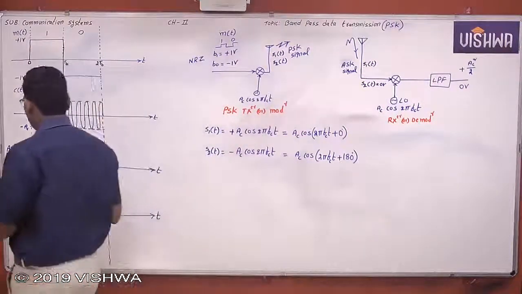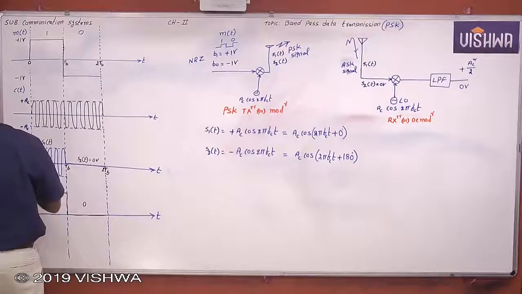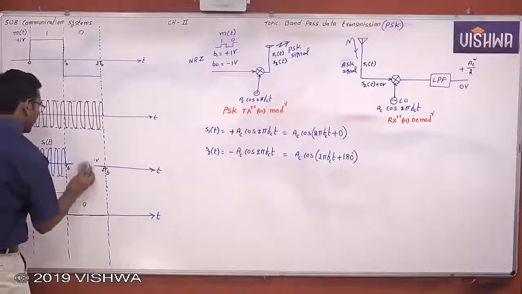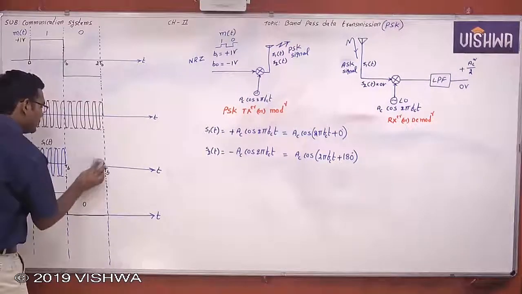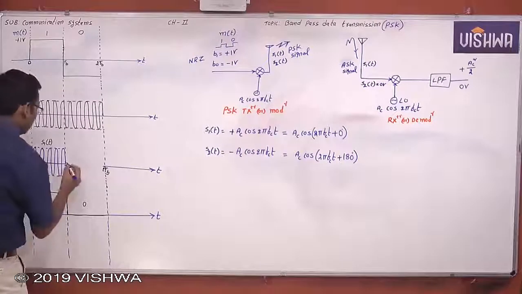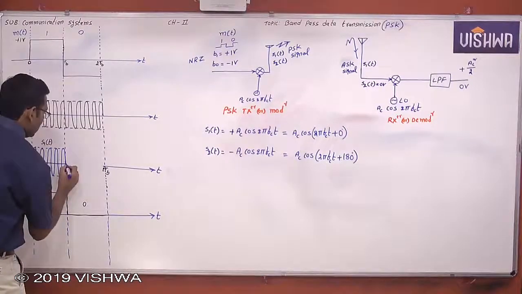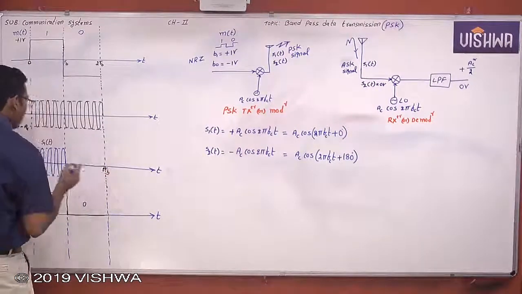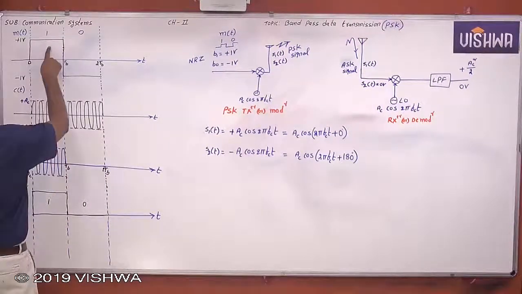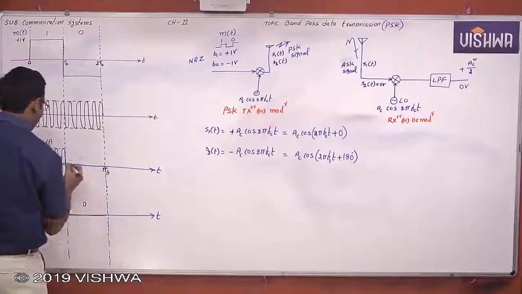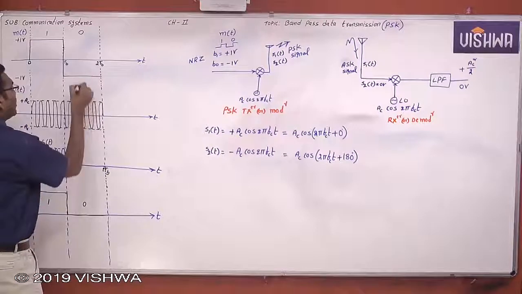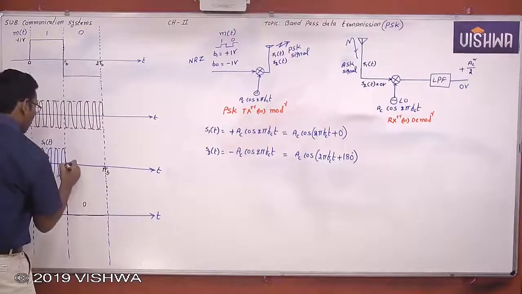Now we'll see the PSK waveforms in the time domain. What is a PSK signal? You see here, Ac cos 2 pi fct multiplied with plus 1 volt gives Ac cos 2 pi fct, and this is for Ac cos 2 pi fct multiplied with minus 1 volt.